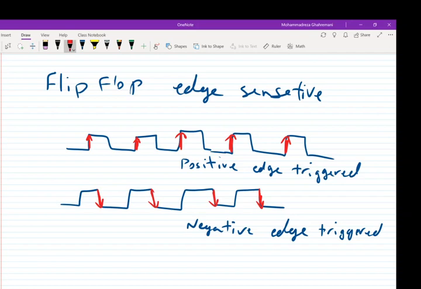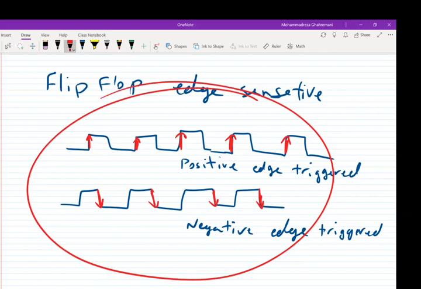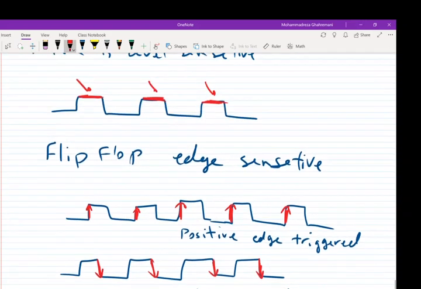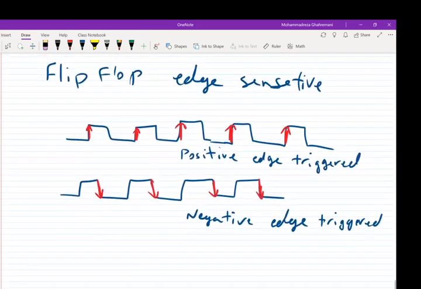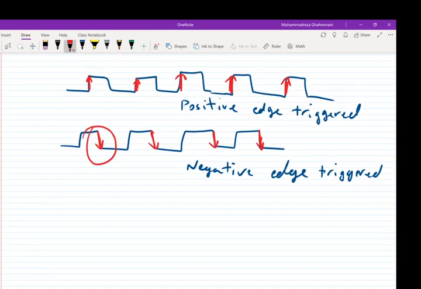Okay, so we want to build and construct a flip-flop. We know the main difference: a latch changes its state as long as the clock is active, but a flip-flop changes its output only one time per clock cycle.